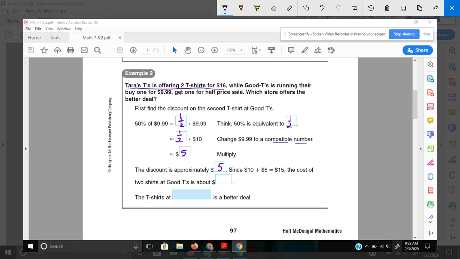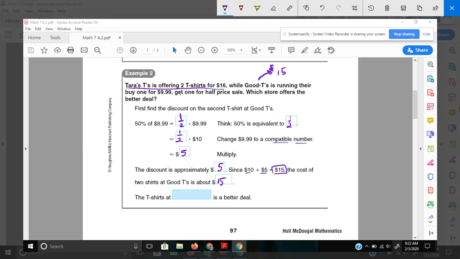So the first t-shirt you buy is 10, and the second one is half of that, which is 5. So the 2 t-shirts together would give you a total of $15. The cost of 2 t-shirts at Good Tees is about $15. So Good Tees is about $15, and Tara's Tees is $16 for 2 t-shirts.